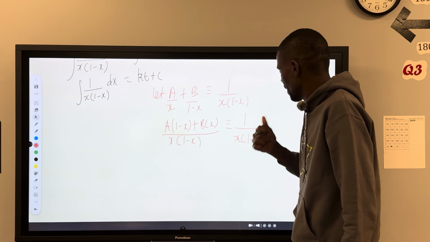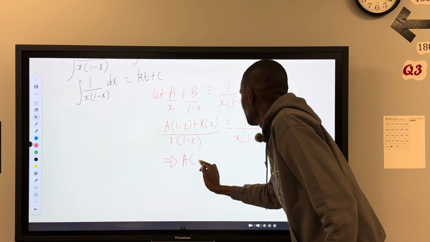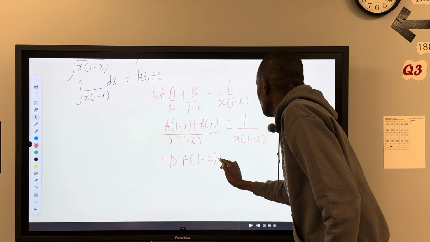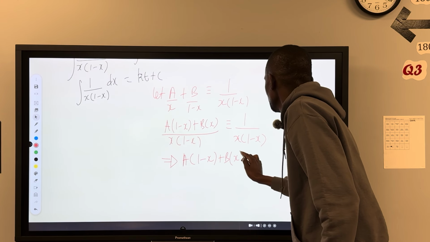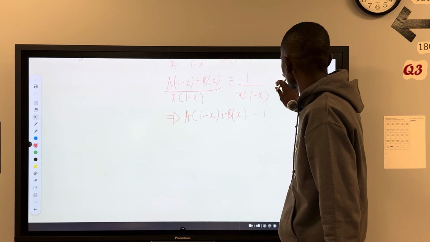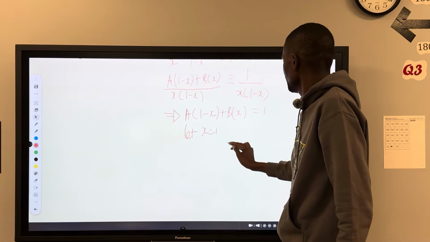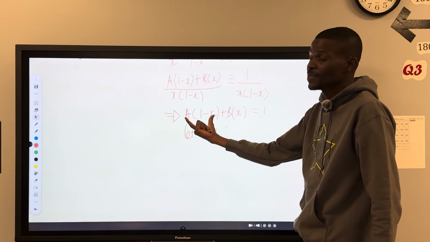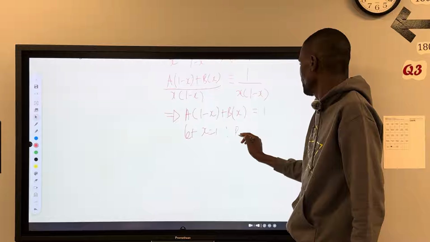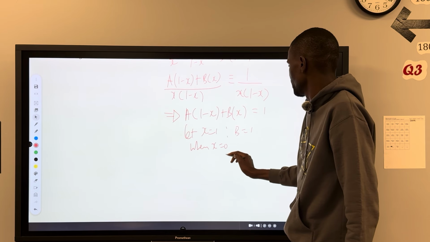So here we can equate the numerators. Once we equate the numerators, we can let x be equal to 1. So when x is 1, this becomes 0, so we have B = 1.